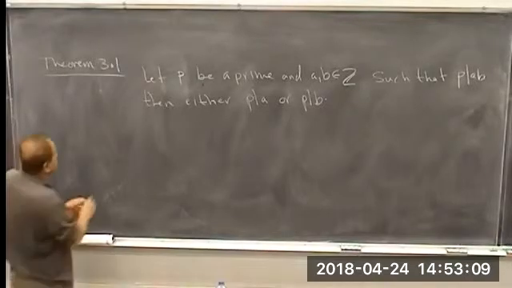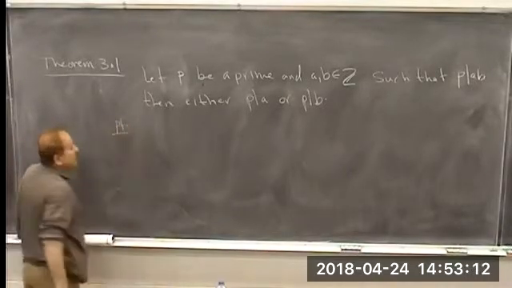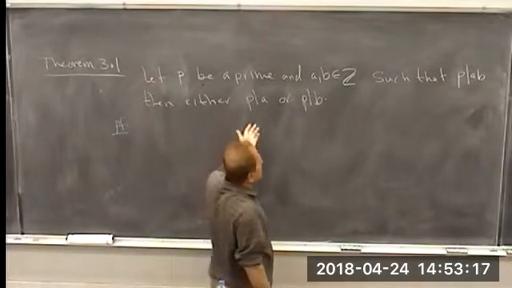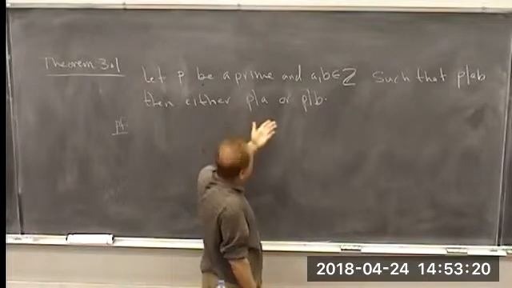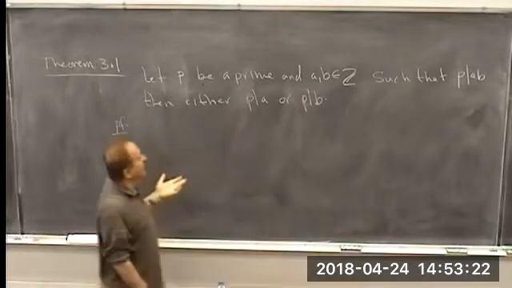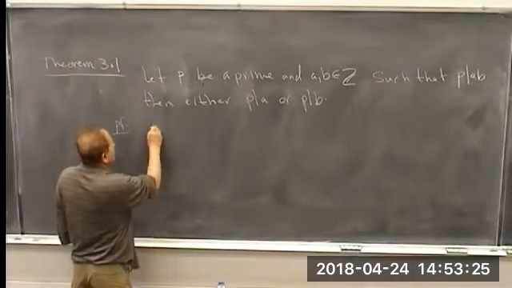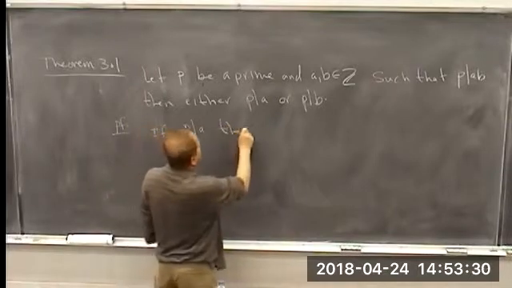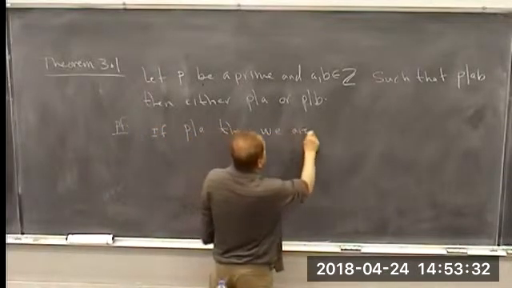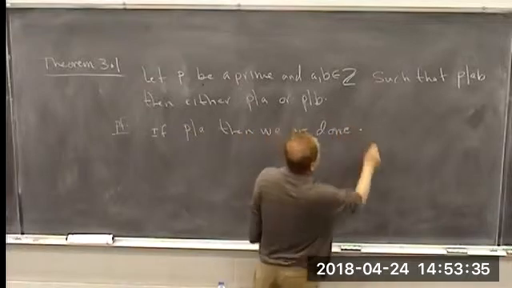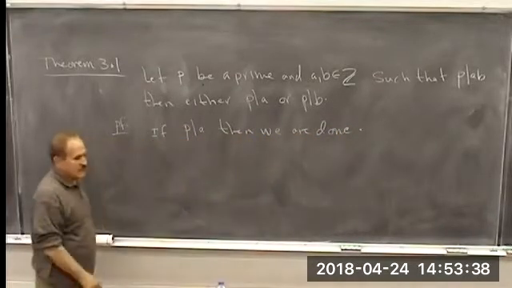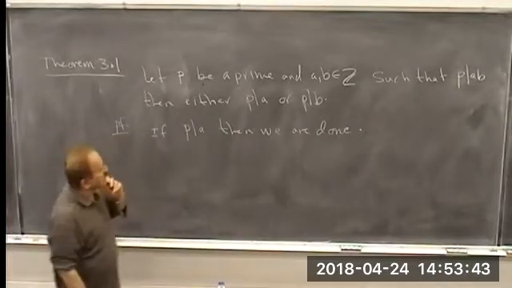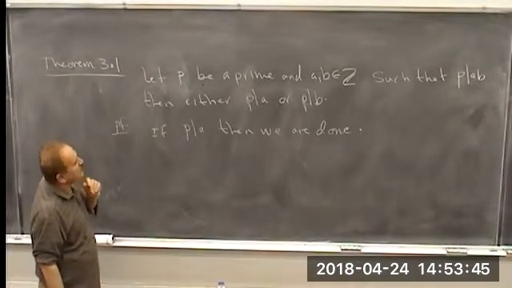Here it is. If it comes to a number, then it either divides another number or it doesn't. So in our case, if P happens to divide A, then we are done. For a pair of integers A and B where this condition is satisfied, if this is the truth, then there is nothing to prove.